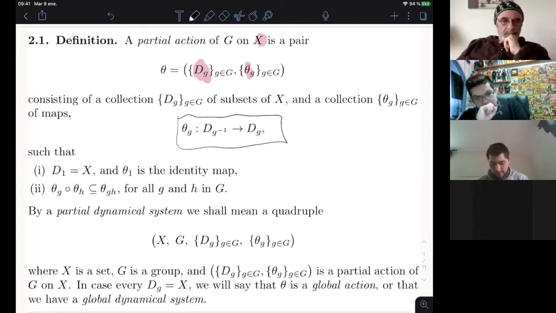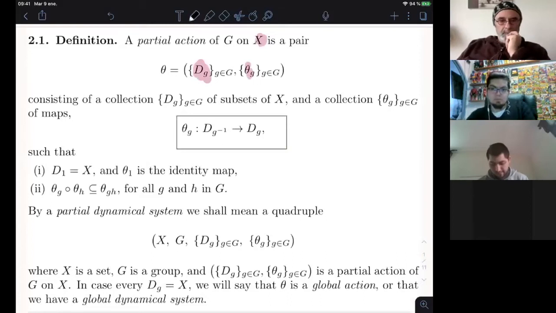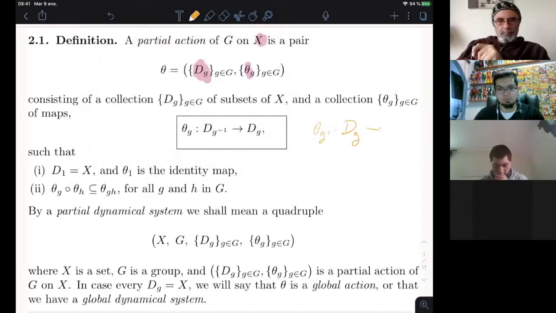And as you can see here, there is immediately a hidden property, where if we take, instead of θ_g, θ_{g^{-1}}, the inverse, that's a good thing that we have here. So this is going to start immediately in D_g and it goes to D_{g^{-1}}.